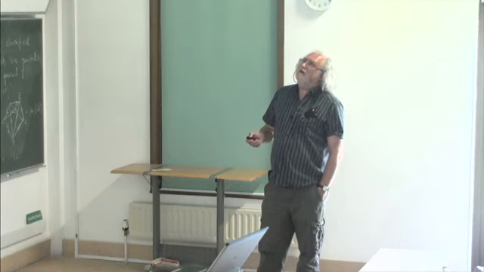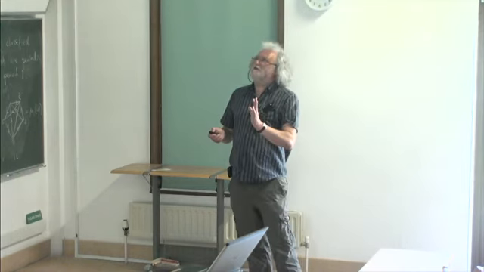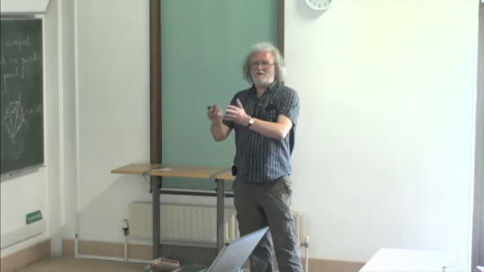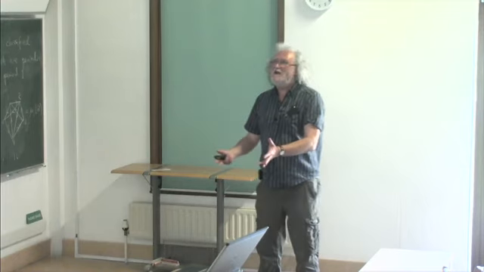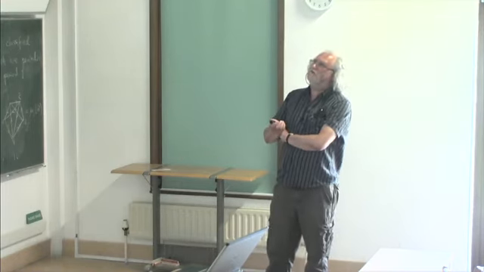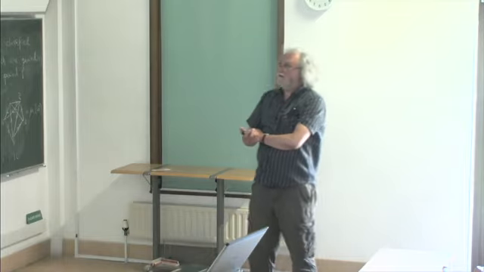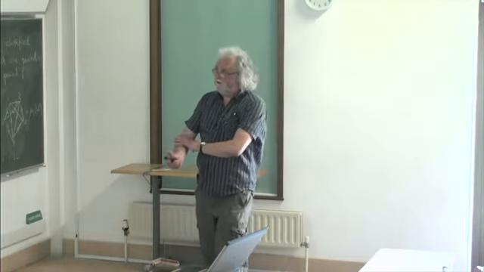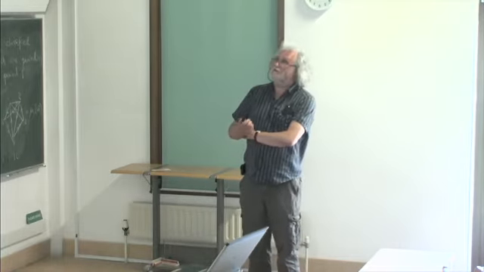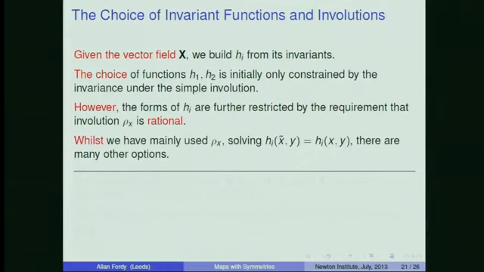And also, like before, I started with some functions and I just said, well, let's see what we get. You can do that. But if, for instance, you see some map, like the Adler-Yamilov map, which was spoken about earlier today, and you want to fit it into the scheme, then you have to be a little bit more clever about choosing your involutions. You may have to use something other than rho x, a more complicated involution.